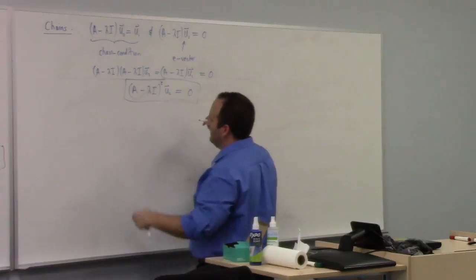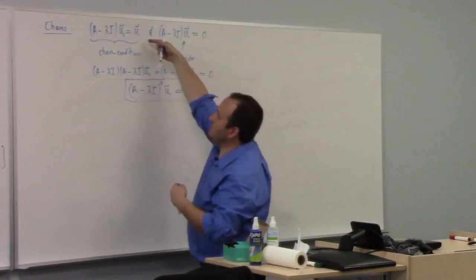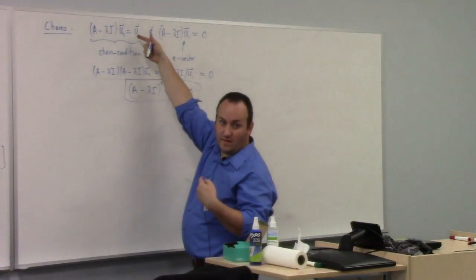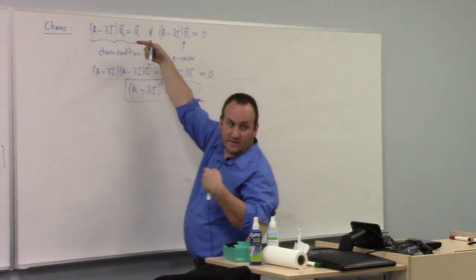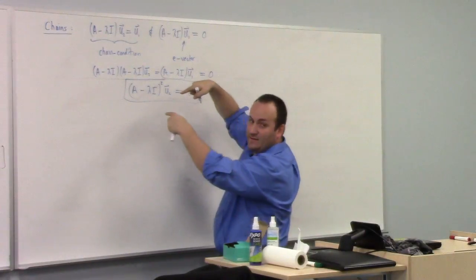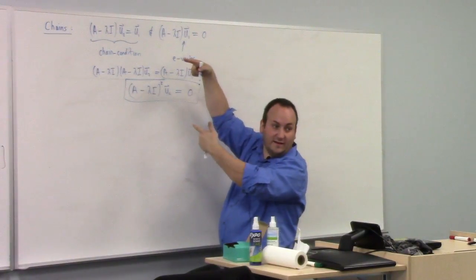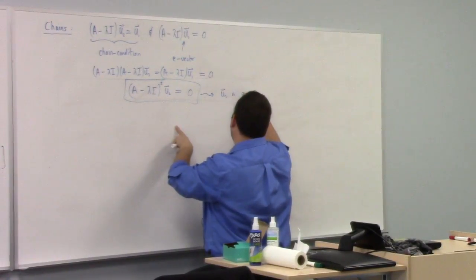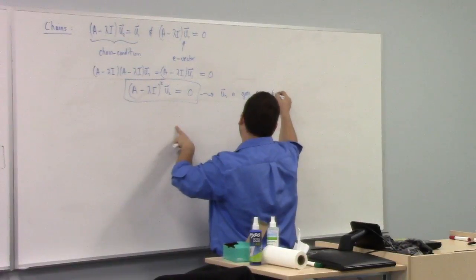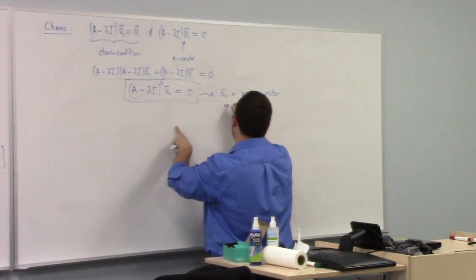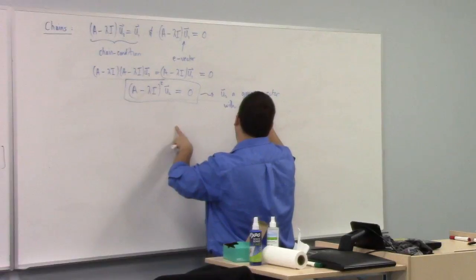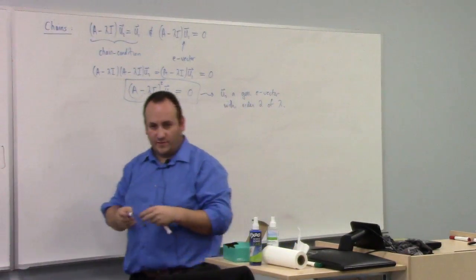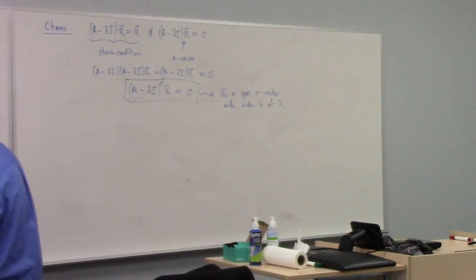In other words, you also know by construction that (A minus lambda I) u2 is equal to u1, which is not equal to 0. So the second power of A minus lambda I kills the vector. The first power does not. That makes u2 a generalized eigenvector of order 2.